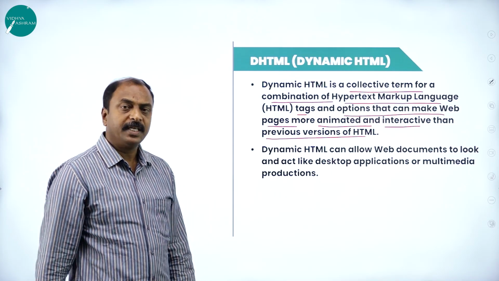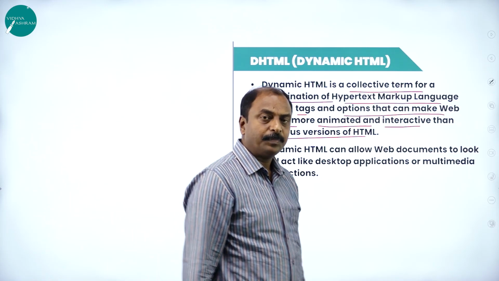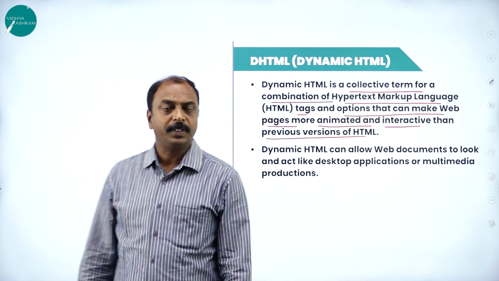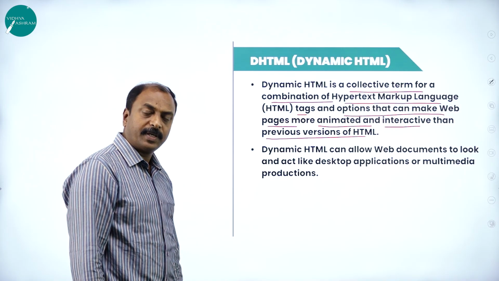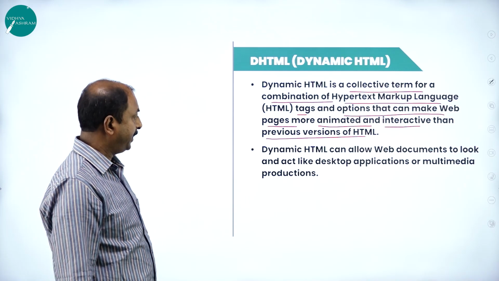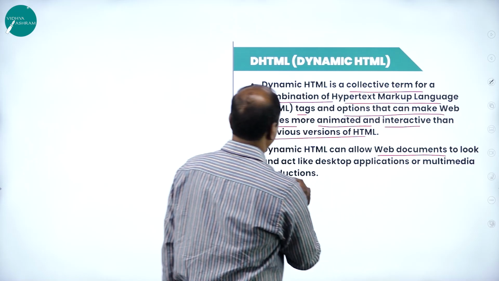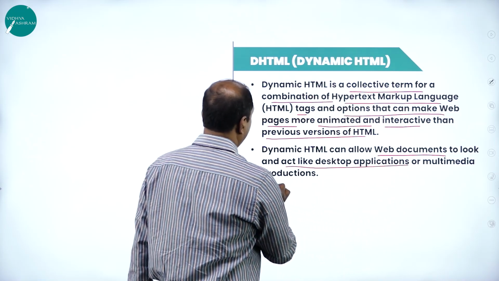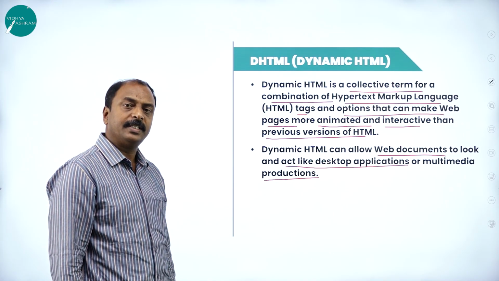Earlier we used to develop static websites through the HTML language, but with DHTML it is possible to develop a dynamic website where we can see the different characteristics you have seen in our previous slides. Now it allows web documents to look and act like desktop applications or multimedia productions. See, these are all different advantages of DHTML.